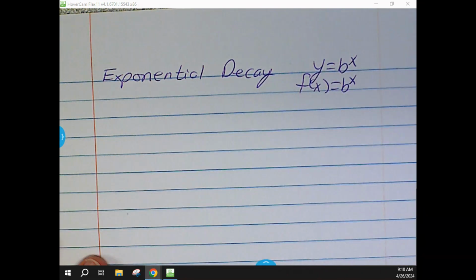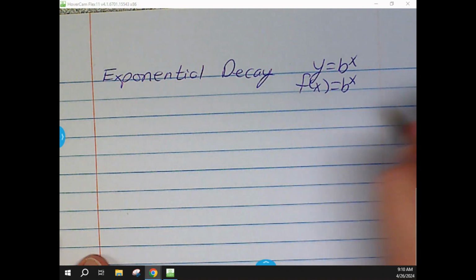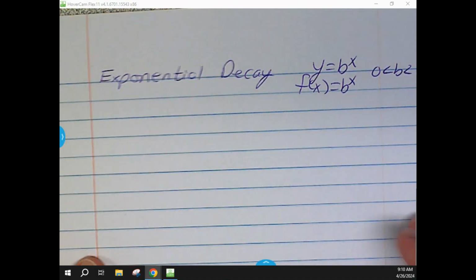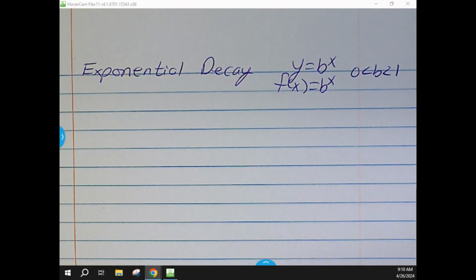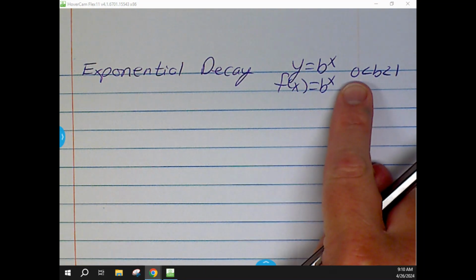But the big thing with decay is the base is going to be between 0 and 1. You won't use 0, because if you plug in 0, it's just going to be the same answer every single time. We know it's going to be that part.